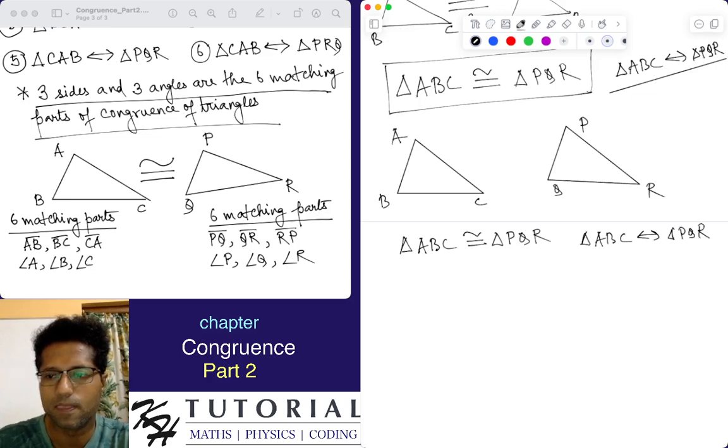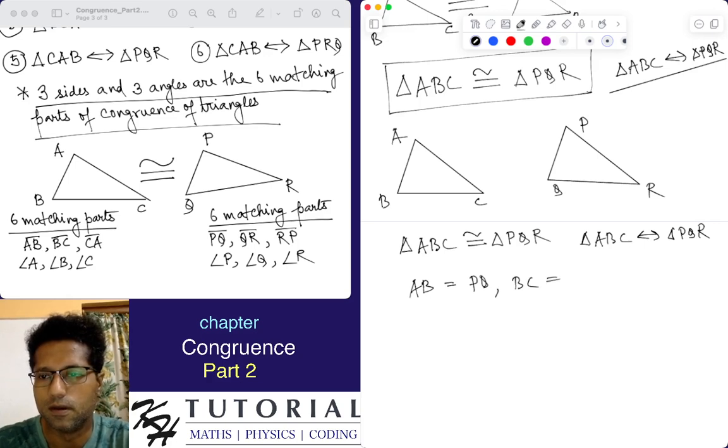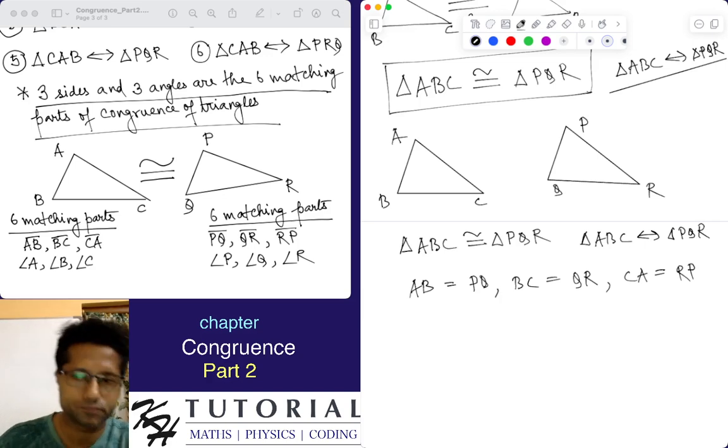So I have to see whether AB is equal to PQ or not, whether the side BC is equal to QR or not, and whether the side CA is equal to RP or not.